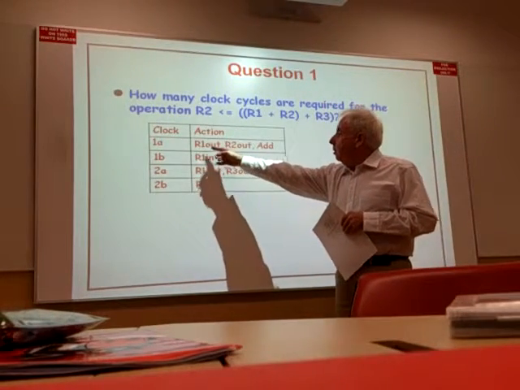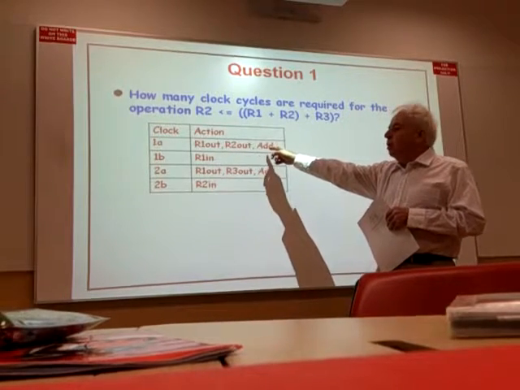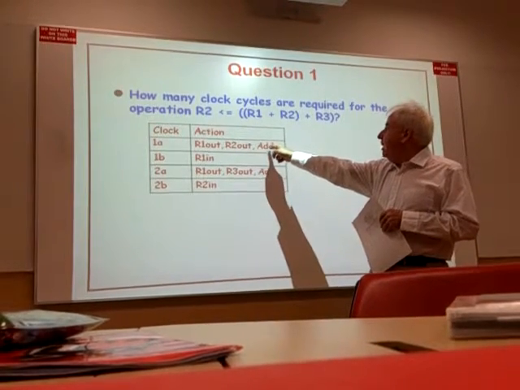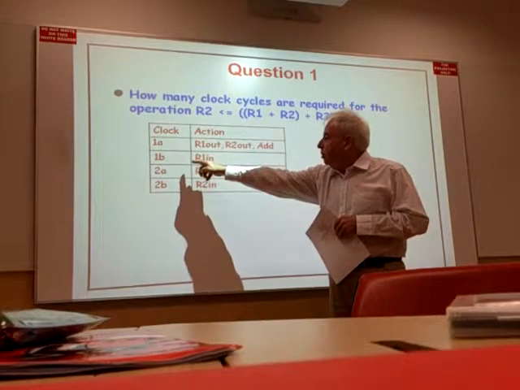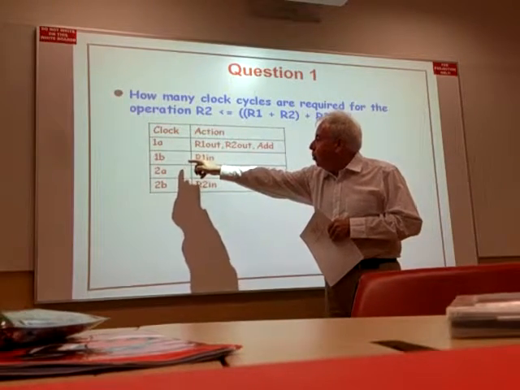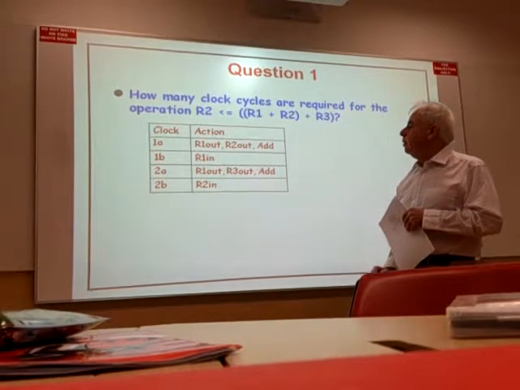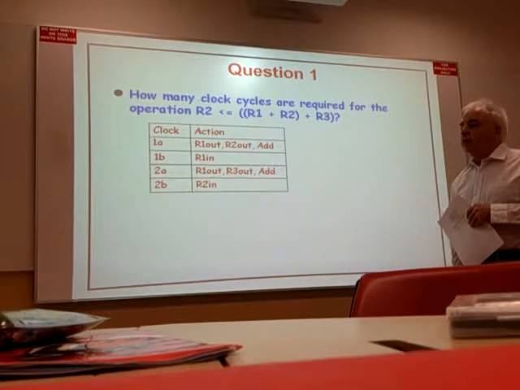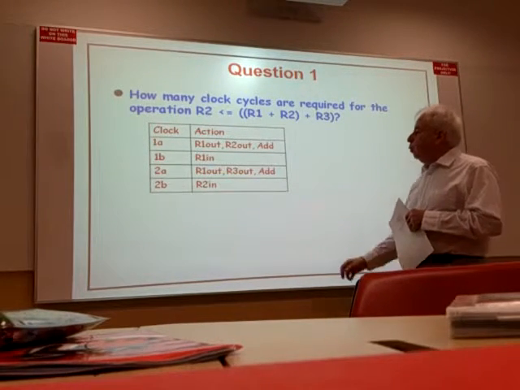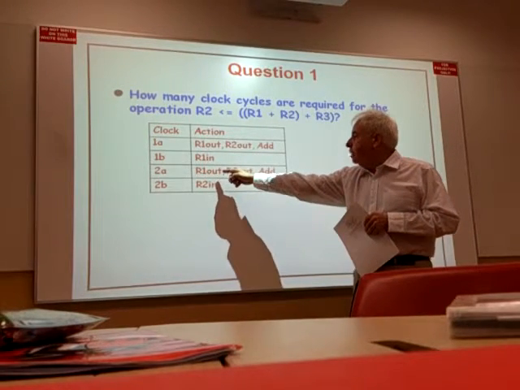We take output from R1 and R2, send it to the ALU to add, and then clock 1B, put the value back in the register R1, and then the next clock cycle, we can take this value R1, which we've just calculated, and output it on one of the buses.